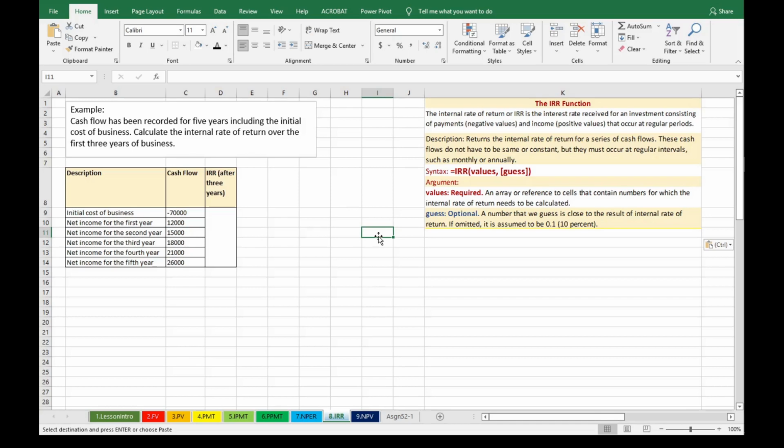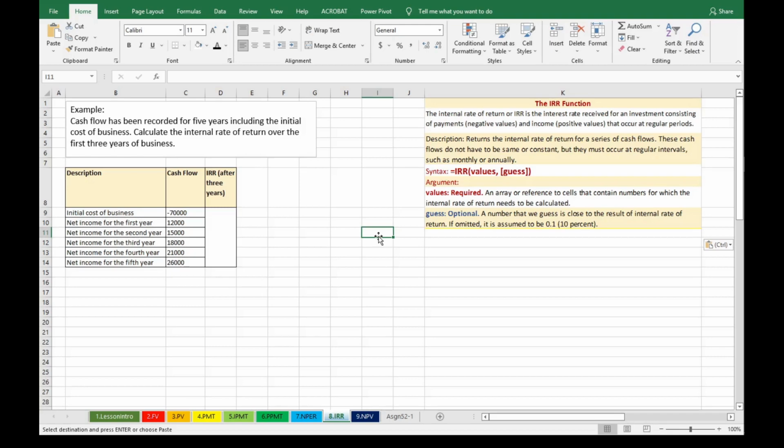If it is a payment, it will be indicated with negative values, and if it is income, the function will return positive values. The description for this function is: returns the internal rate of return for a series of cash flows. These cash flows do not have to be constant or the same, but they must occur at regular intervals such as monthly or annually.